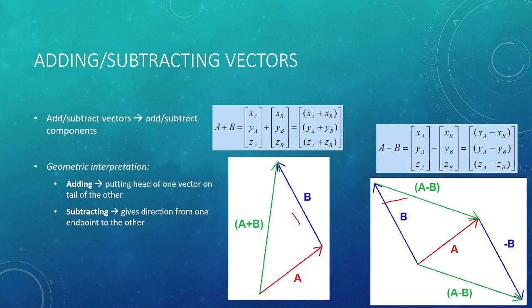Subtracting gives the direction from one endpoint to the other. Likewise, these are the examples. Here, this is an addition, and this is a subtraction. Whenever we take different endpoints, we can link one to another. There is a minus b, with the head on one vector and the tail on the other.